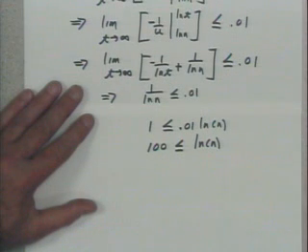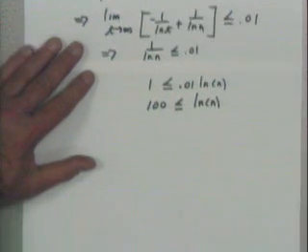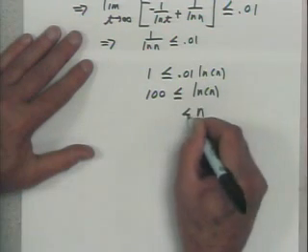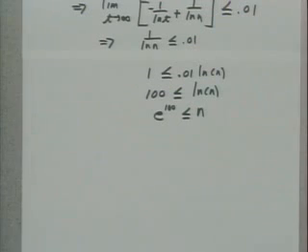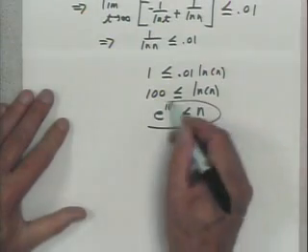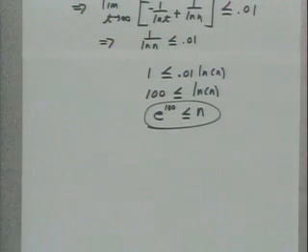Multiply each side by 100. Get rid of the decimal. Which means n is greater than or equal to e to the 100th power. Remember how to convert logs to exponents? e to the 100th less than or equal to n. And there's how I got my answer.